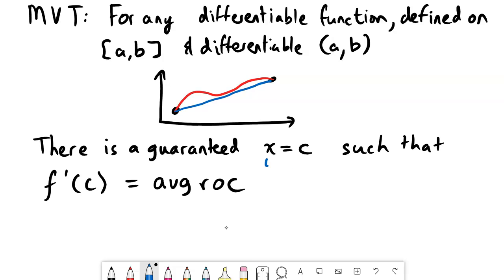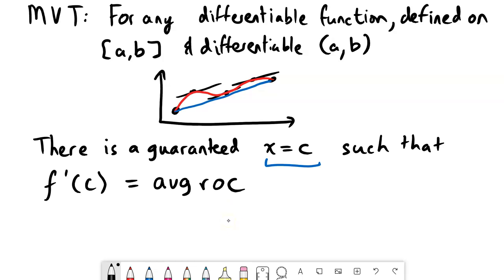And there's a guaranteed point x equals c such that the slope of the tangent line at that point is equal to the average rate of change. And I can see almost 3 of them. There's one here. There's one here. Kind of blocked by that line, but you get the idea. And then there's one here. There's guaranteed at least one, but in this case there's 3.